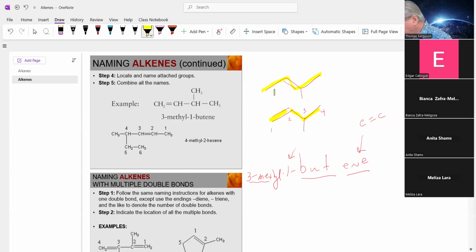So to name that one, in this case, it's going to be 2-butene, 3-methyl.